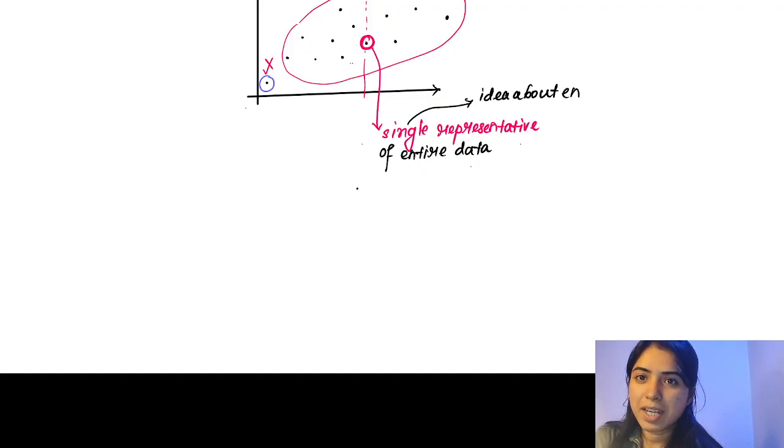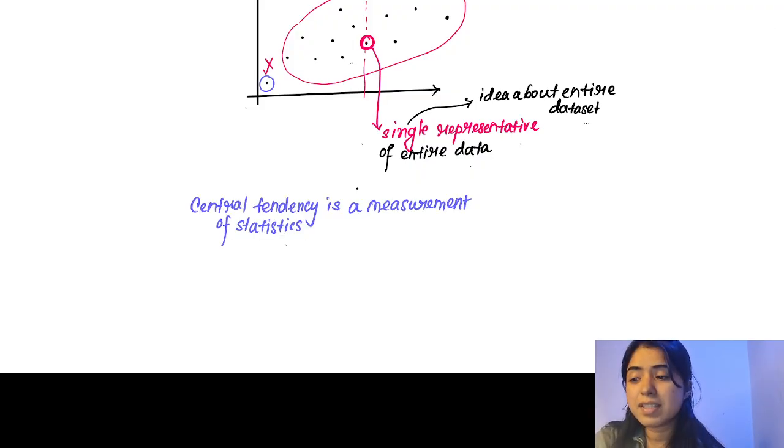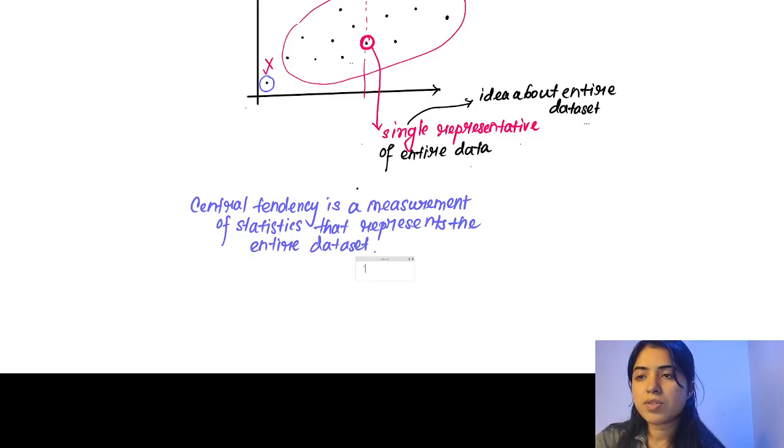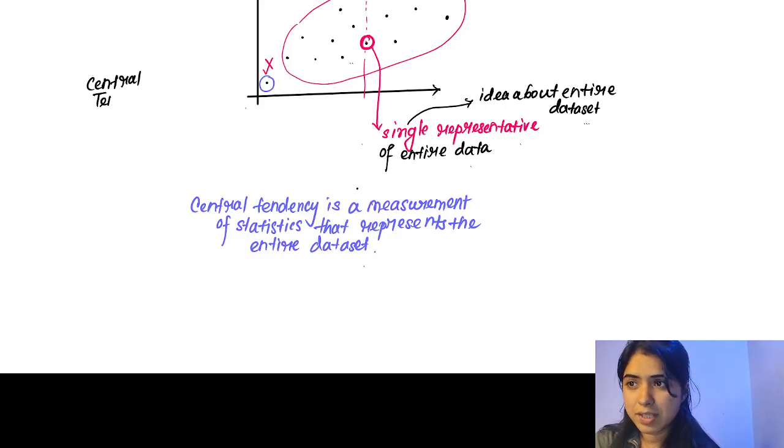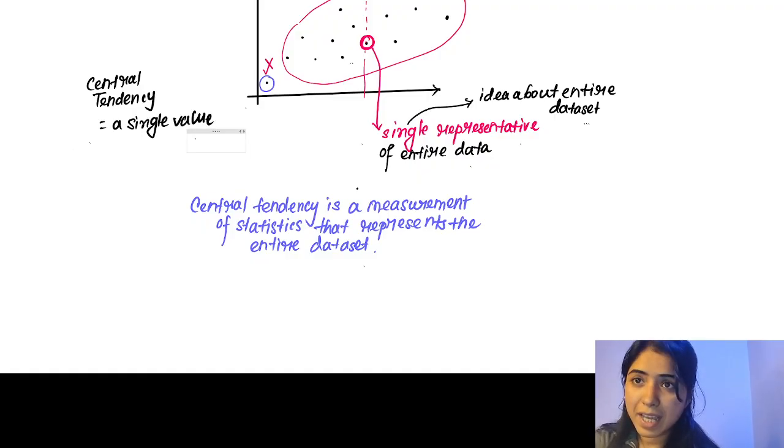Formally, central tendency is a measurement of statistics that represents the entire data set. Always, central tendency will be a single value, which lies at the center of the data set.